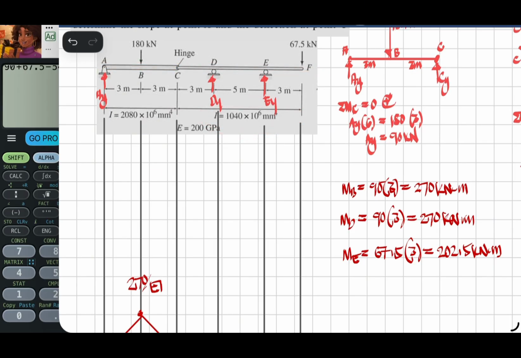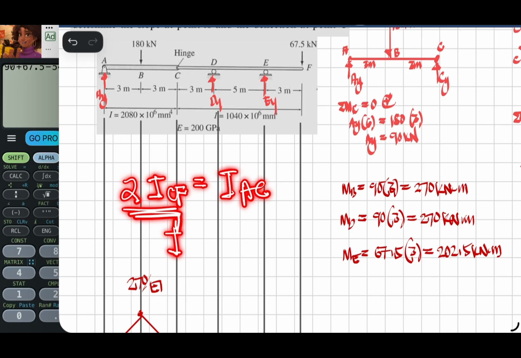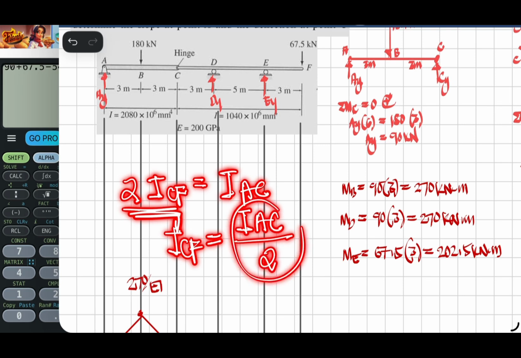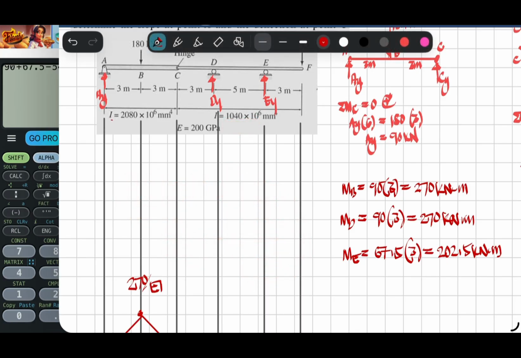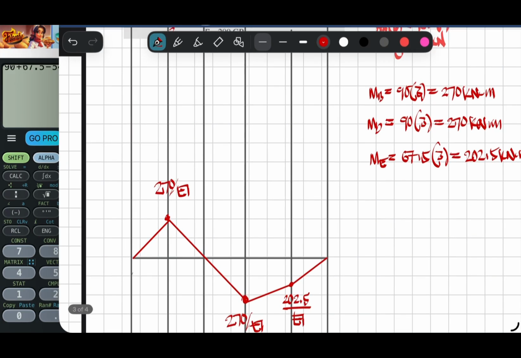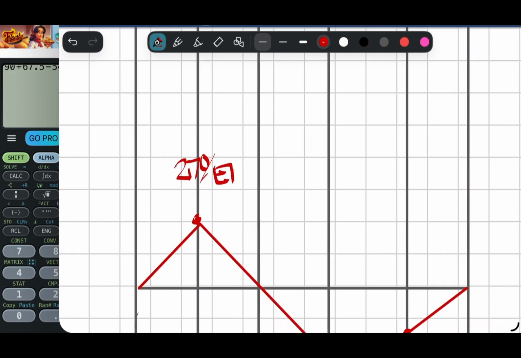So you can say that I of C to F is equal to I from A to C over 2, which is 1040 times 10 to the 6. So this one, you divide by 2. This one is 270.